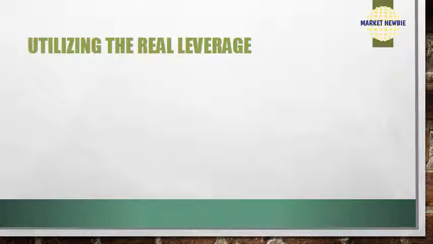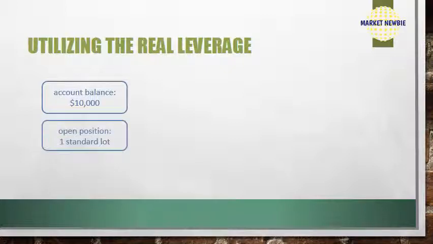Let's see how we can utilize real leverage to manage positions. Let's say Lisa has a Forex account with $10,000 balance. She also has one standard lot of open position in this account. She wants to open a new position of 0.5 lot, but she's not sure if she should or not. To help her make a decision, we can calculate the real leverage first.